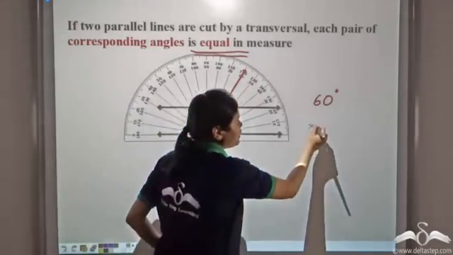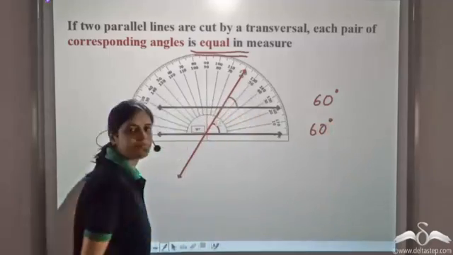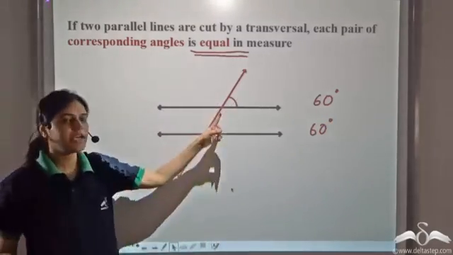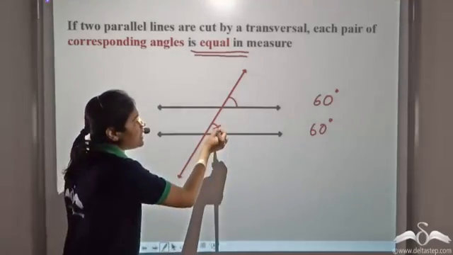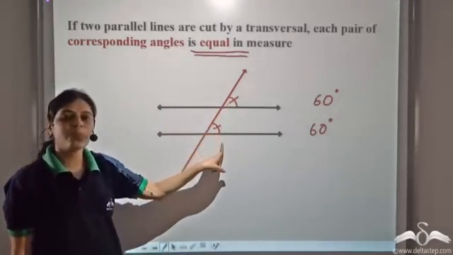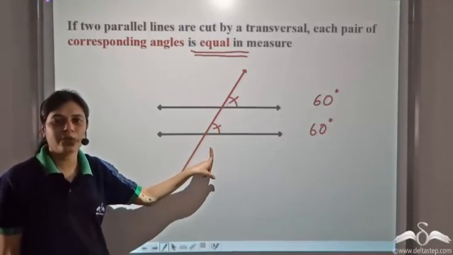So even this angle is 60 degrees. So we see that both the angles are equal to 60 degrees. So this angle is equal to this angle. So I see that the corresponding angles are equal.